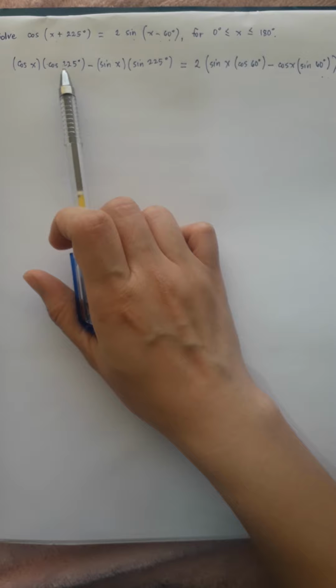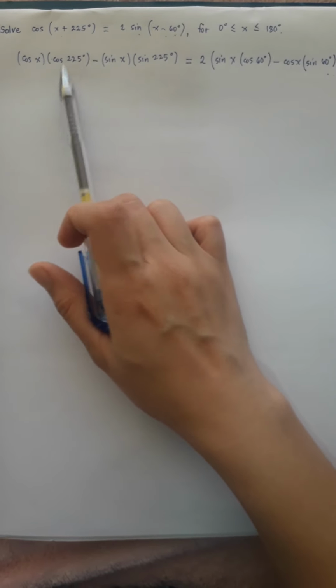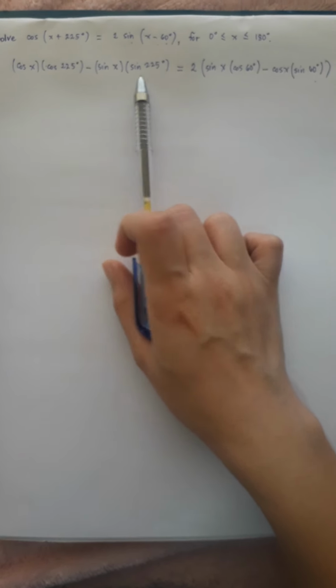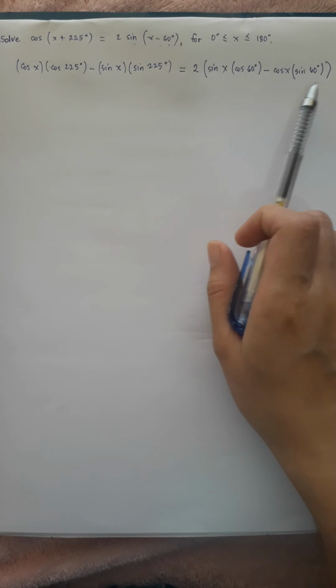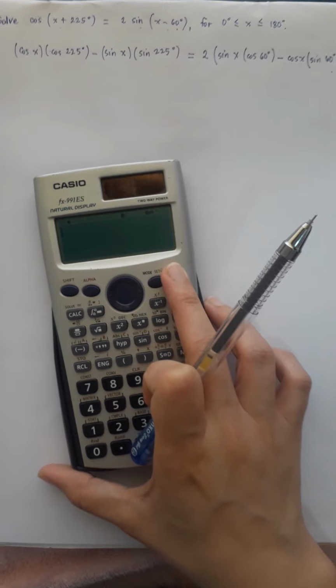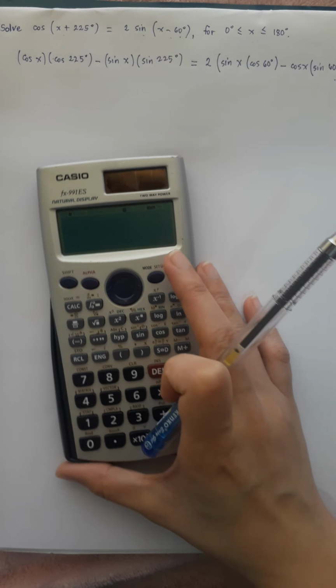Okay. And then from here, we simplify. Those that we can evaluate in the calculator, we do so. Those are cosine 225 degrees, sine 225 degrees, cosine 60 degrees, and sine 60 degrees. So we will substitute the values from the calculator.